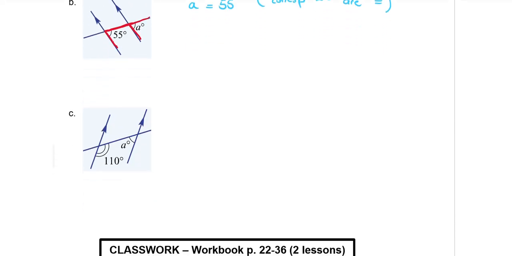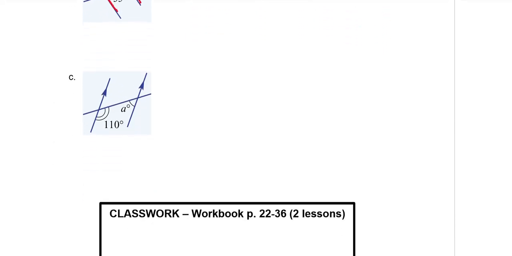All right, the third question. Tracing around the A and around the 110 degrees, we're making a sideways C shape. So this one takes a little bit more working out. We need to add those 2 angles together, so A plus 110, and that's going to equal 180 degrees.